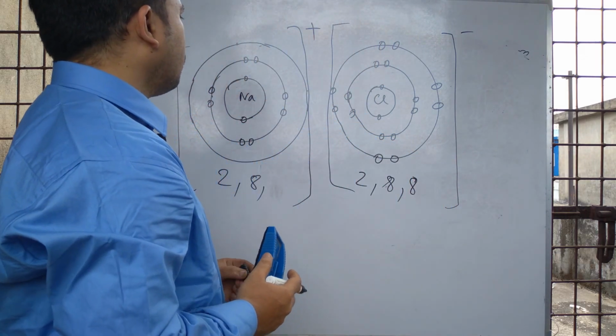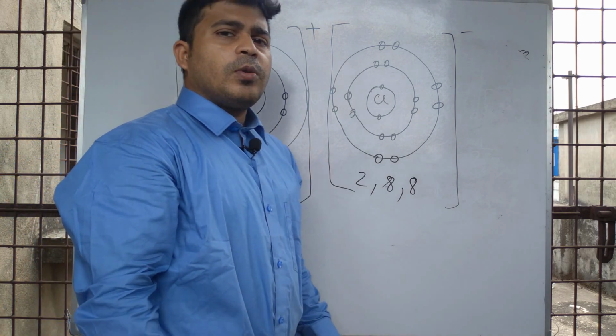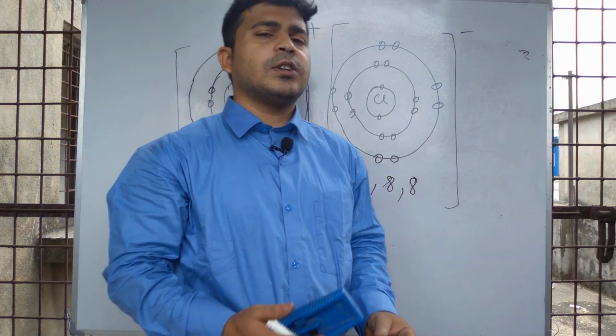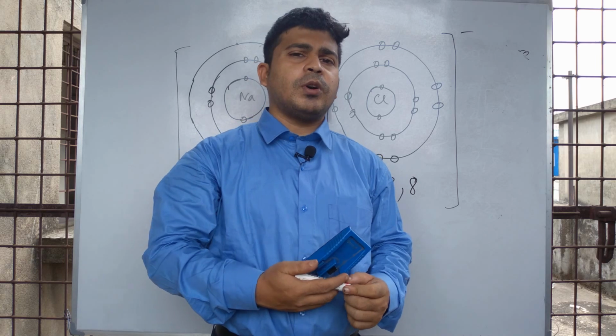And by this way we represent an orbit structure for the formation of ionic compound.